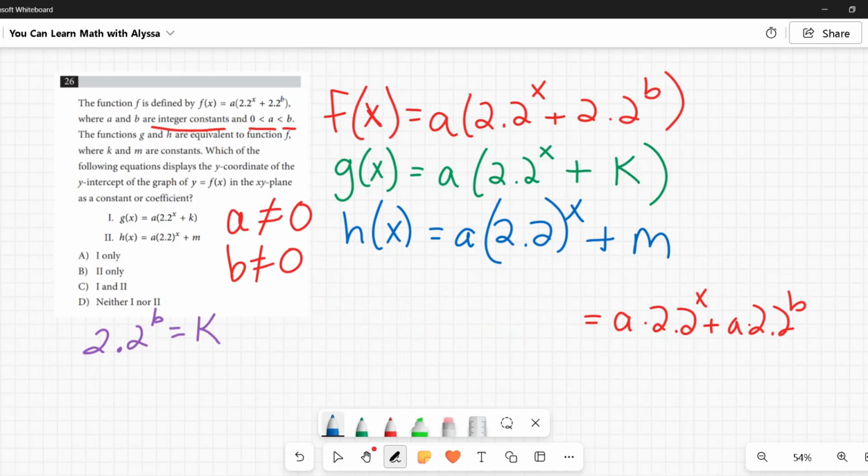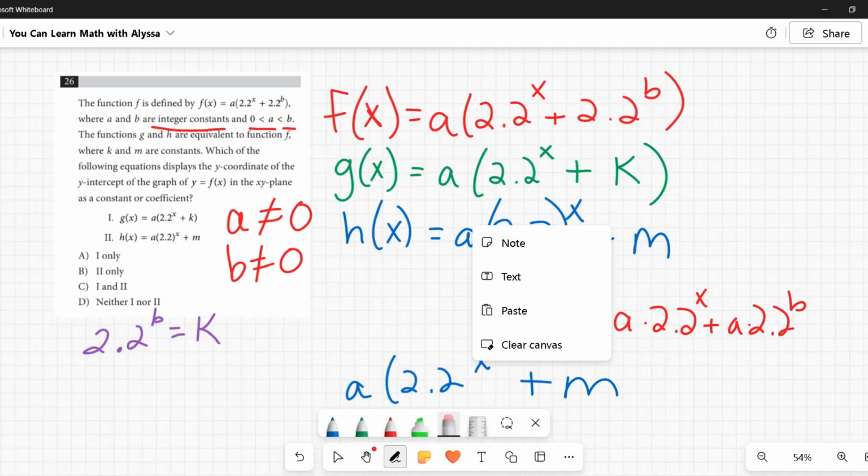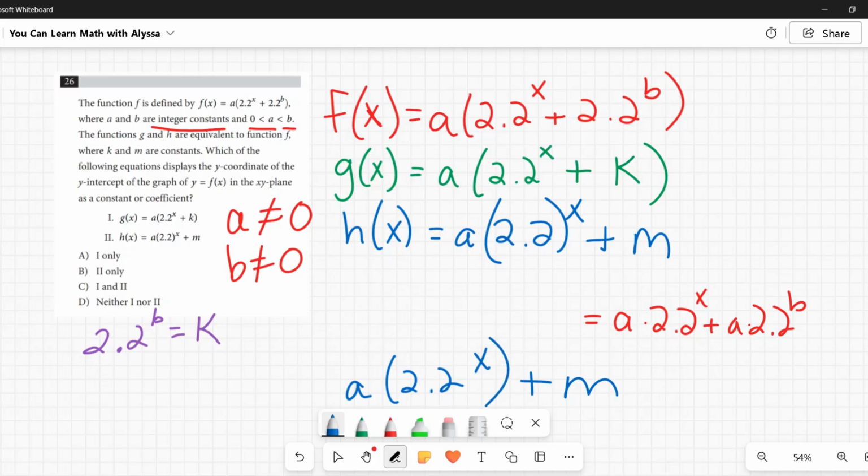And over here with this h of x, I'm going to write it a little lower and then write the distributed version above it. A times 2.2 to the power of x plus m. Now this little to the power of x being on the outside, it doesn't matter if it's on the outside or on the inside.